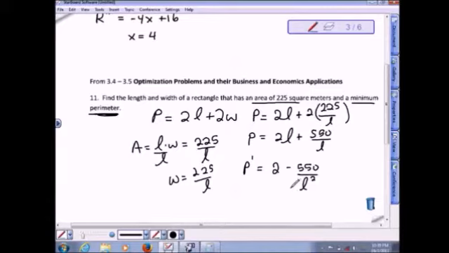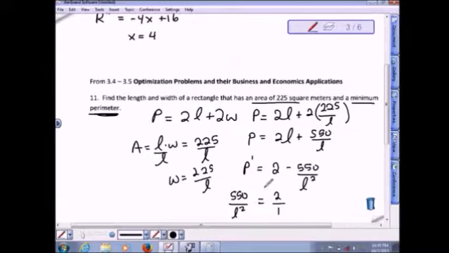Now, if we set this equal to 0, we're going to add this term to the other side. Now there's a couple different ways you could solve this. You could think about this as a fraction. 550 over L squared is equal to 2 over 1.